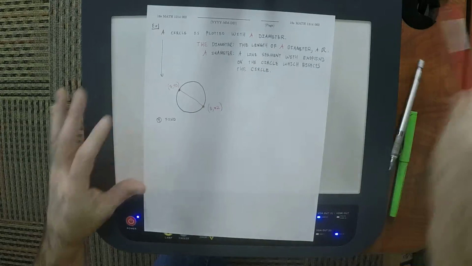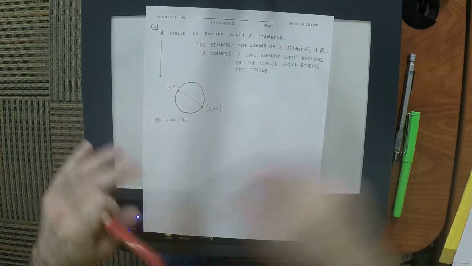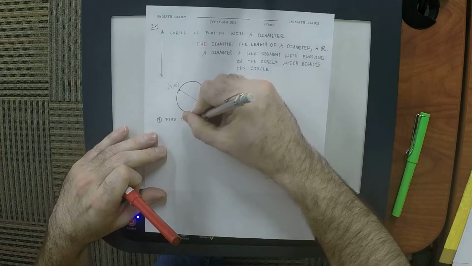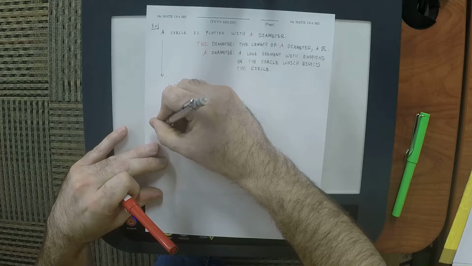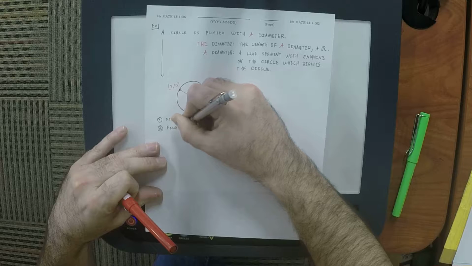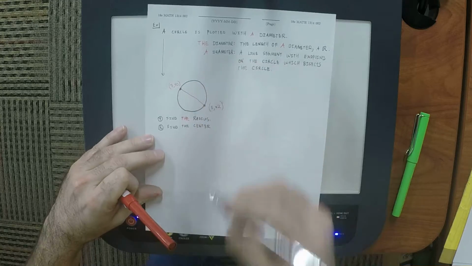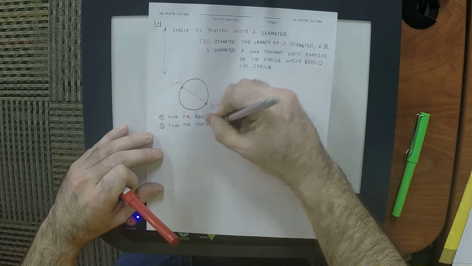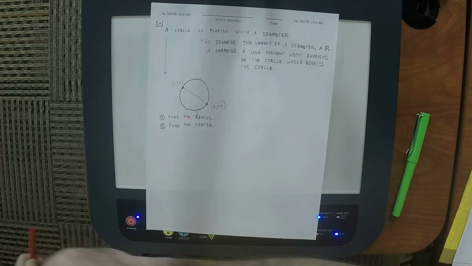Find the radius, and 2, find the center. I wrote the radius in red because the word has the same thing with the radius in a circle.